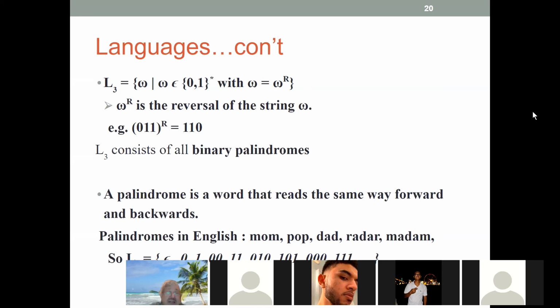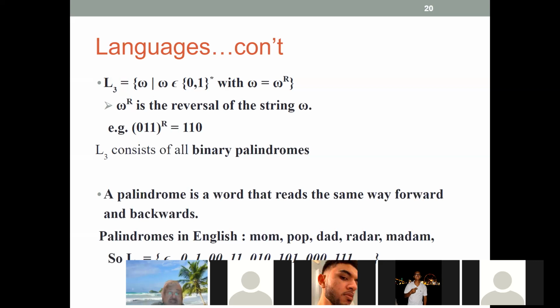All right, here's a third language. L3 is the set of all strings omega, such that omega is an element of the Kleene closure of the binary alphabet. You don't like when I say that? So L3 consists of zeros and ones only, but omega equals omega reversed.